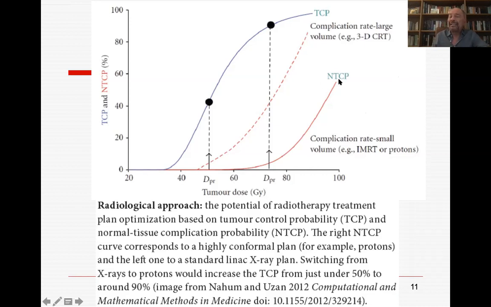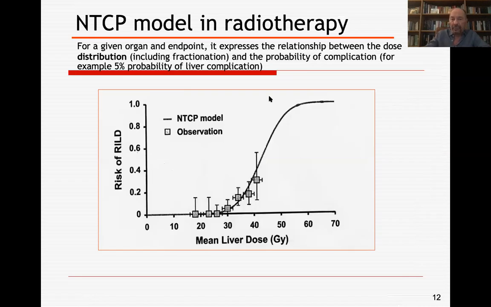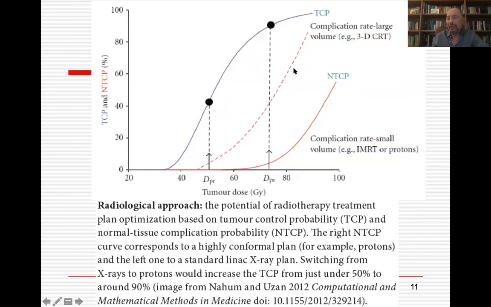This is called NTCP, normal tissue complication probability. So the idea is that you see the TCP curve must be here, and the NTCP curve must be to the right, because of course this defines the therapeutic window.